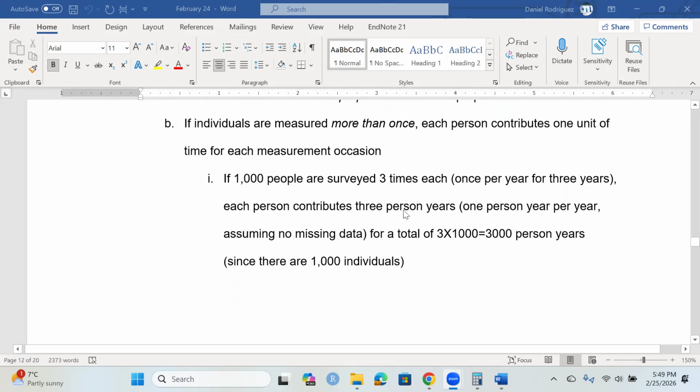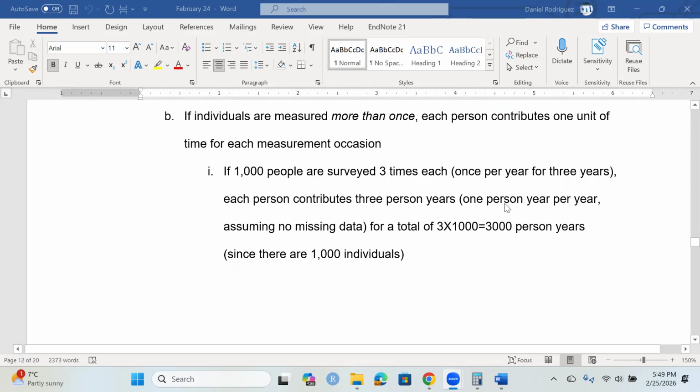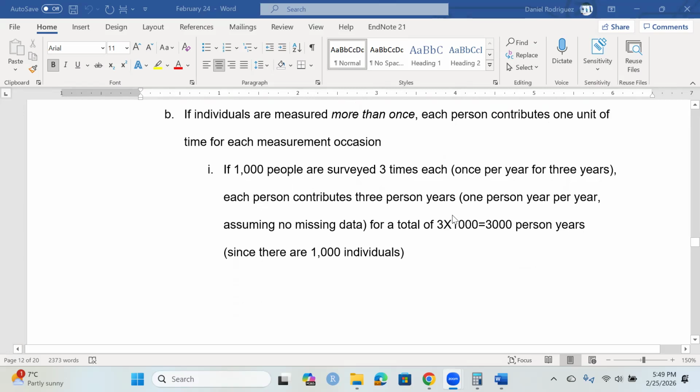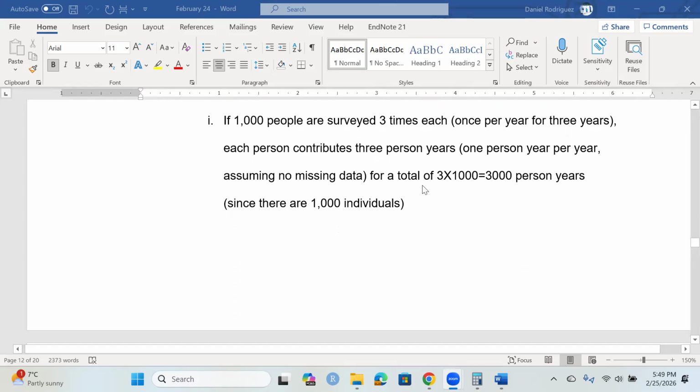So in this case, if 1,000 people are surveyed three times, once per year for 3 years, each person contributes 3 person years. So 1 person year per year, assuming no missing data. We'll talk about the issue of missing data later. So for a total of 3 times 1,000 or 3,000 person years.